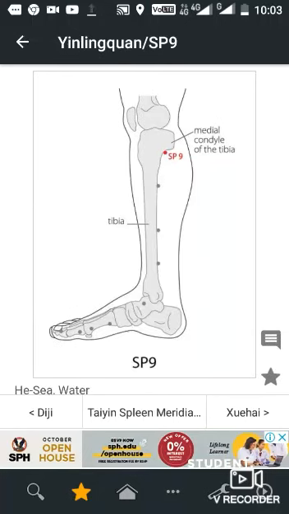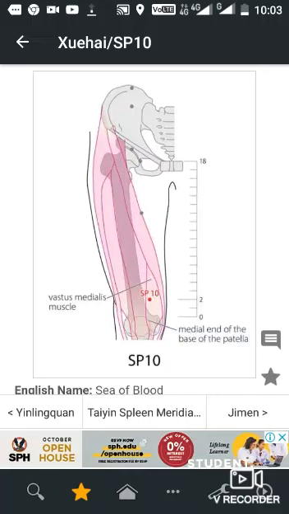Next, spleen 9. In the depression on the lower border of the medial condyle of the tibia. Next, spleen 10. 2 cun above the medio-superior border of the patella.